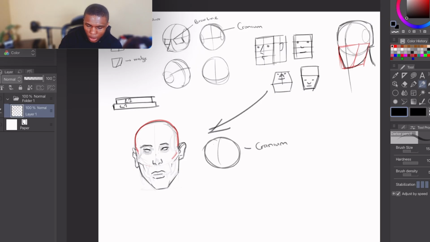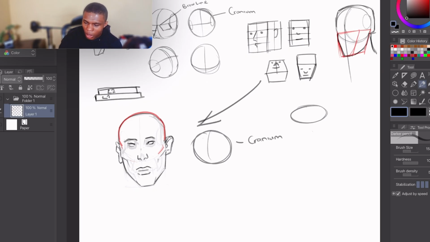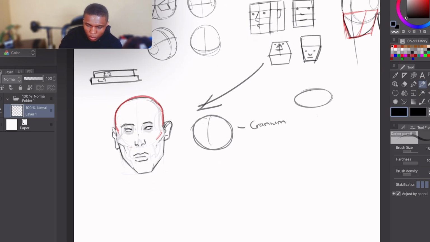The thing about the skull is that it's kind of like an oval shape. It's not going to be a complete sphere, because it is longer to the side. If you look at your head from the side, you're going to see that it's not small, it's quite long. So we're looking at the cranium.